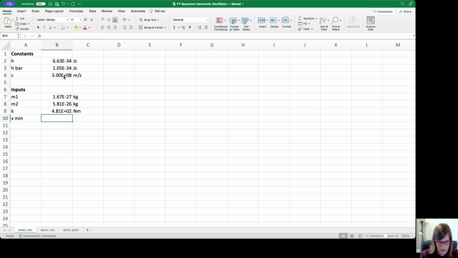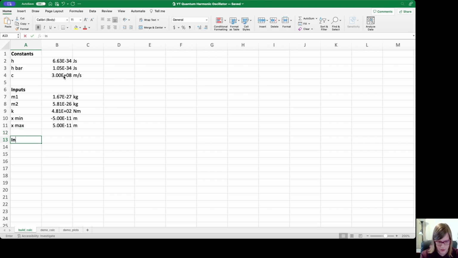X min, I'm going to say, is negative 5e-11 meters, and X max is 5e-11 meters. These min and max values are the range of the x-axes on all the plots. So they're all the points that we're going to be calculating the function at.